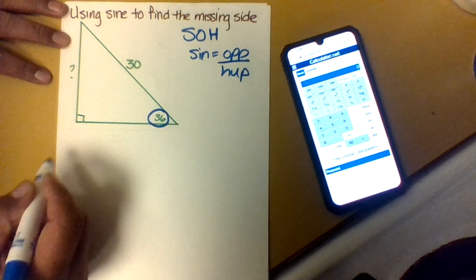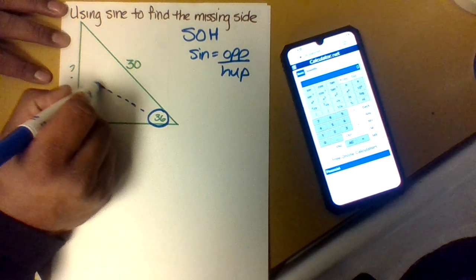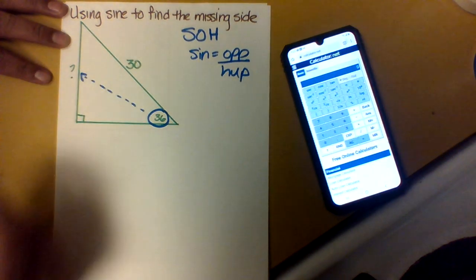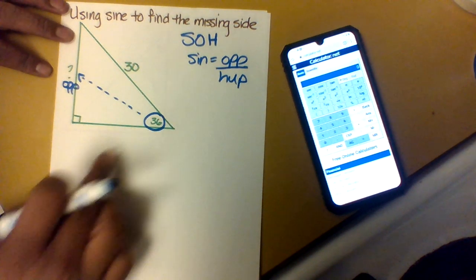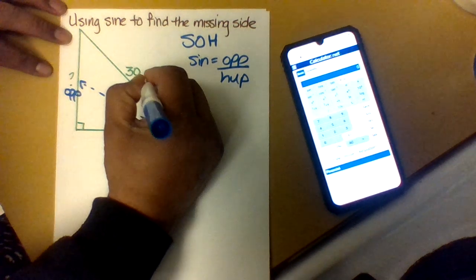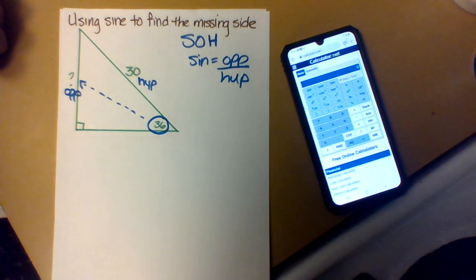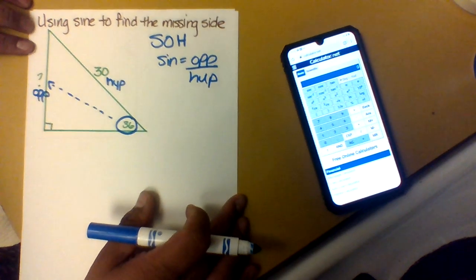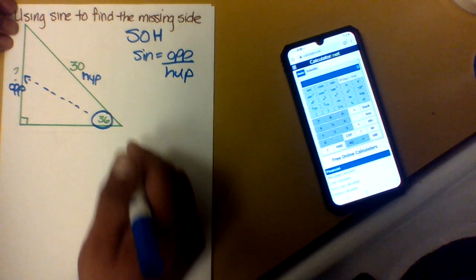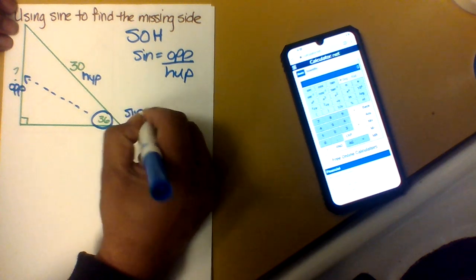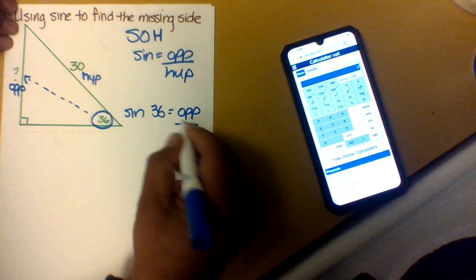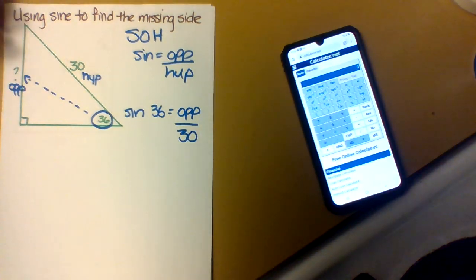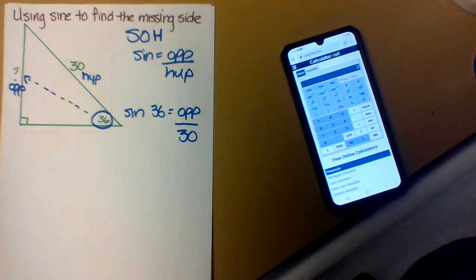Obviously, if this is our angle we're going to be using, this side that we need to know becomes the opposite, and we know that the longest side of a triangle is always the hypotenuse. So, putting in the numbers, it's the sine of 36 equals the opposite over 30.